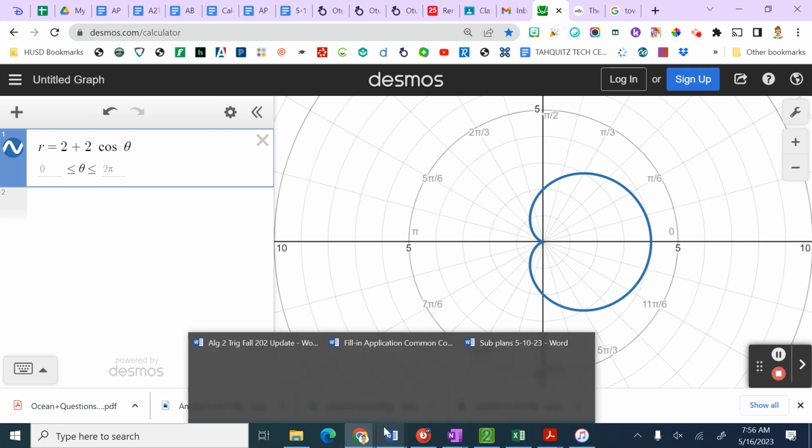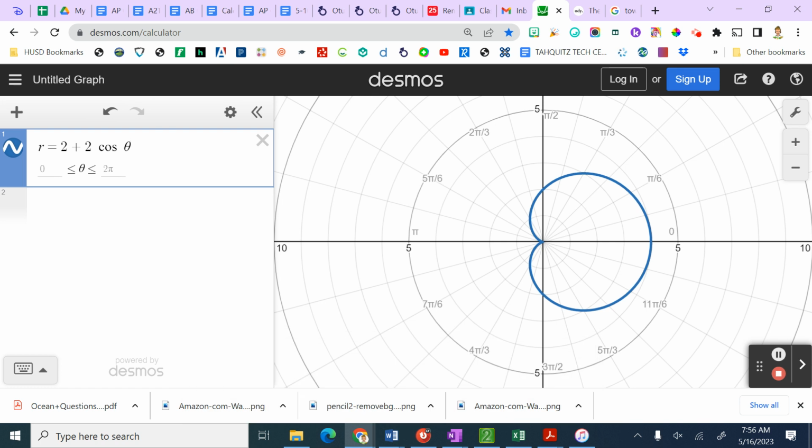That's our picture. What do you notice about the symmetry? What's it symmetric about? The x or the polar axis, right? Because that's our polar axis now that I switch it to a polar graph. We know that is the cosine, is it positive or negative in front of the cosine? Plus.